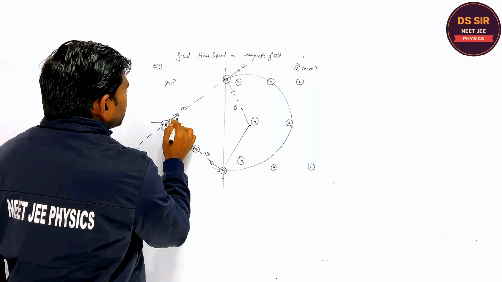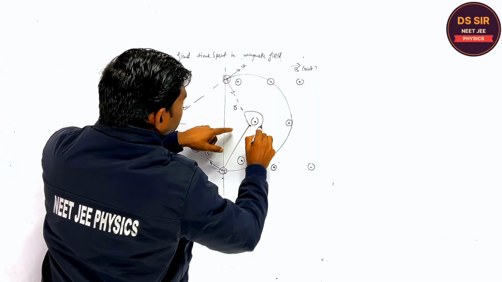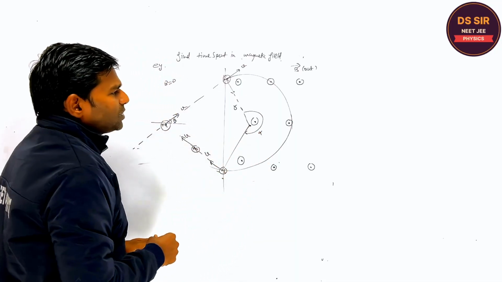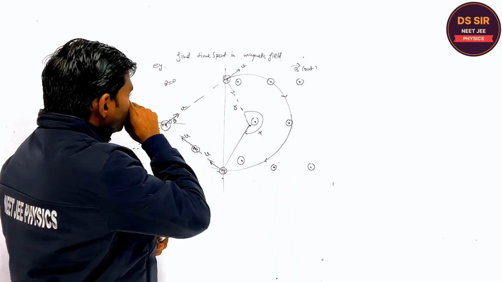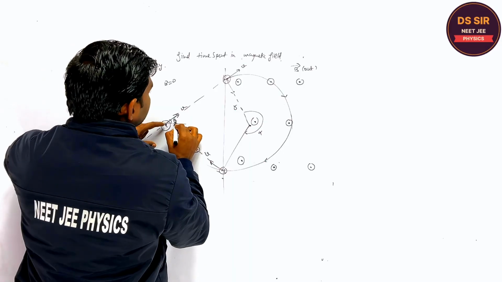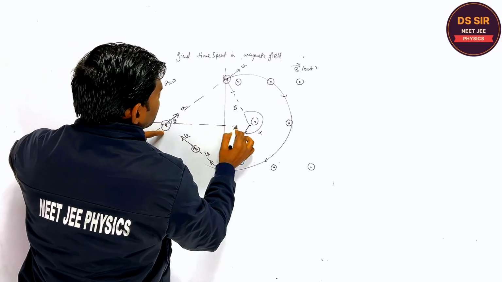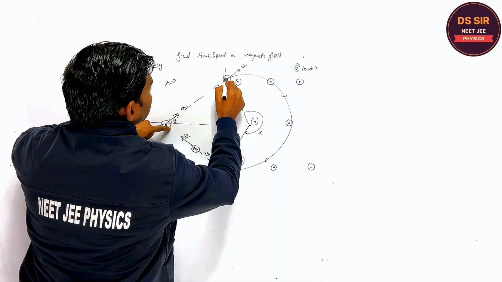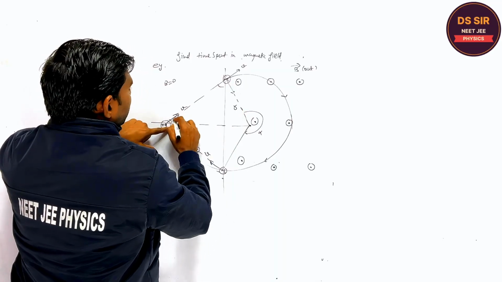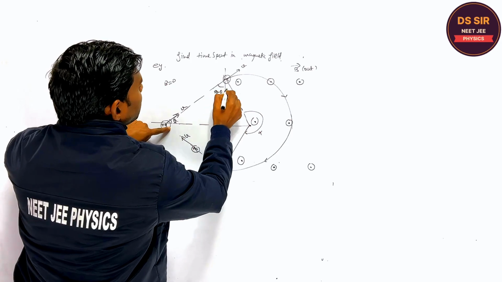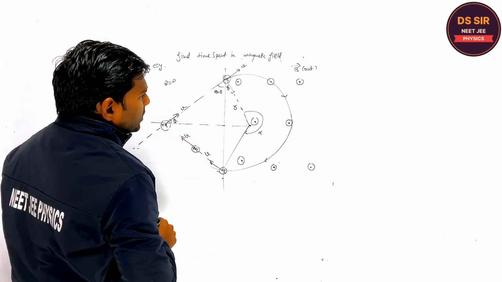So if this angle is theta, this is the angle alpha which it is making at the center. If it is theta, it is 90 minus theta. So this angle is what? Theta.